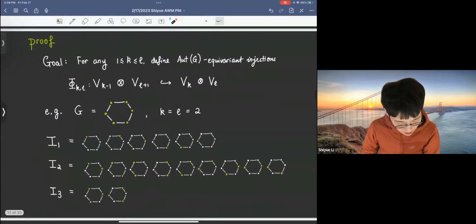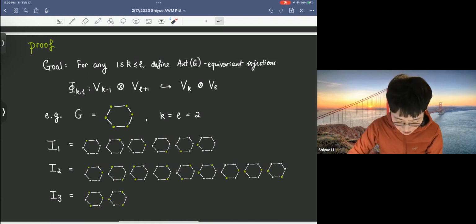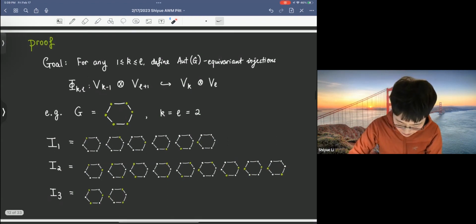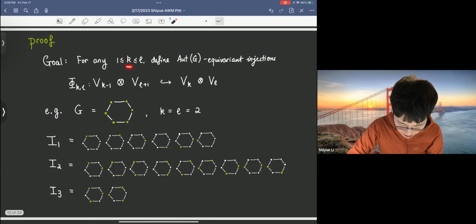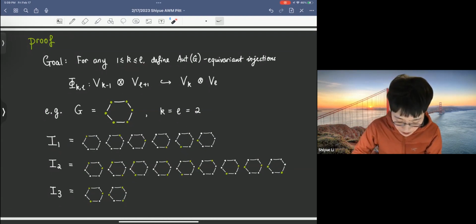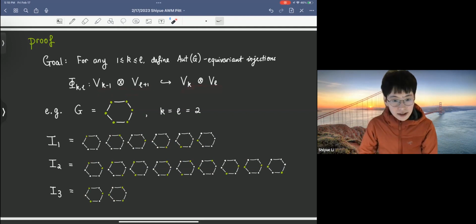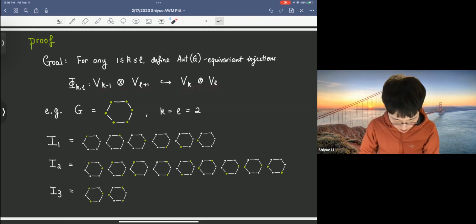Here, let me talk very briefly about the proof strategy. The proof strategy is to first look at the definition. So what's our goal? Our goal is, for each K and L positive numbers, we want to find injections from tensor products that are like this into the tensor products that are like this.